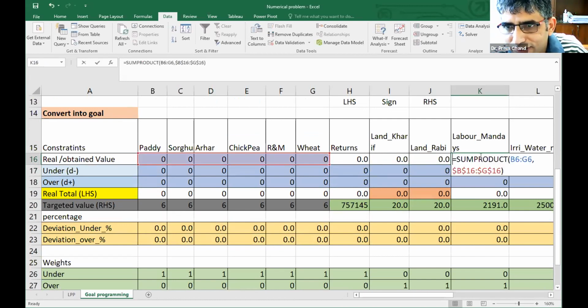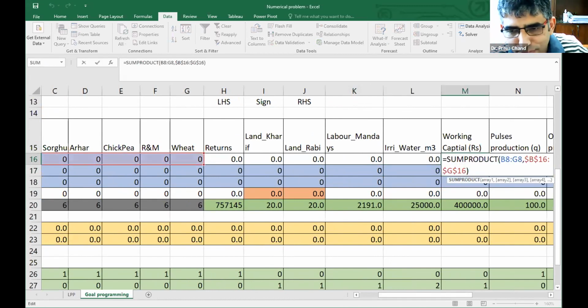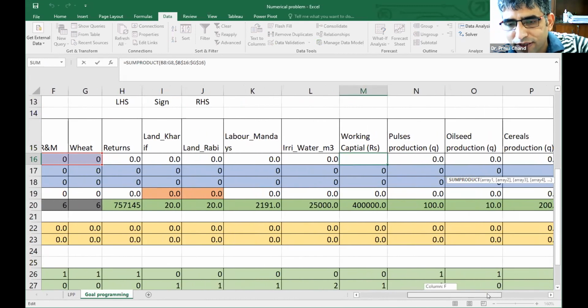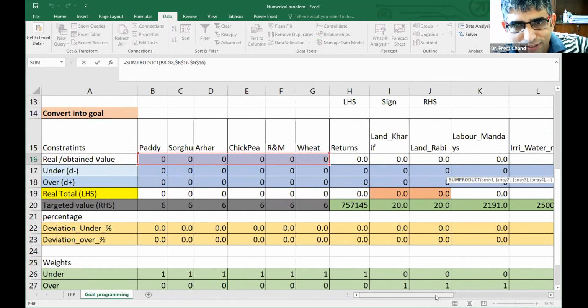Similarly, land. Similarly, this one, labor. Then water. Then working capital. It is multiplying the decision row with the per hectare requirement. Okay, the decision variables, the decision row, is multiplying with the per hectare requirement.